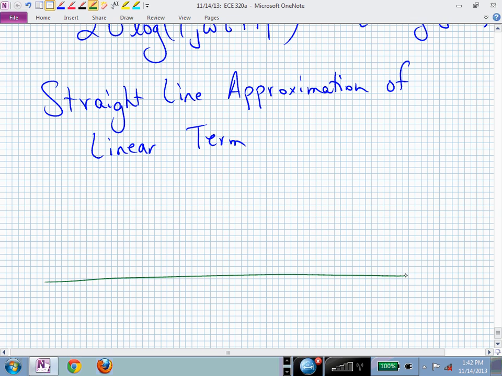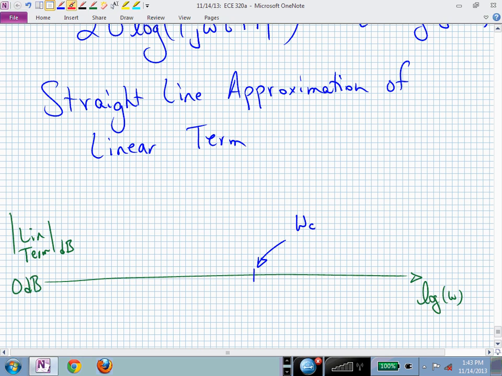If this is now our frequency axis, log of omega, and this is now the linear term, magnitude, in dB, where do we start at low frequencies? And let's say this is now 0 dB. And I'll just say here, let's say, is our cutoff frequency, omega sub c.